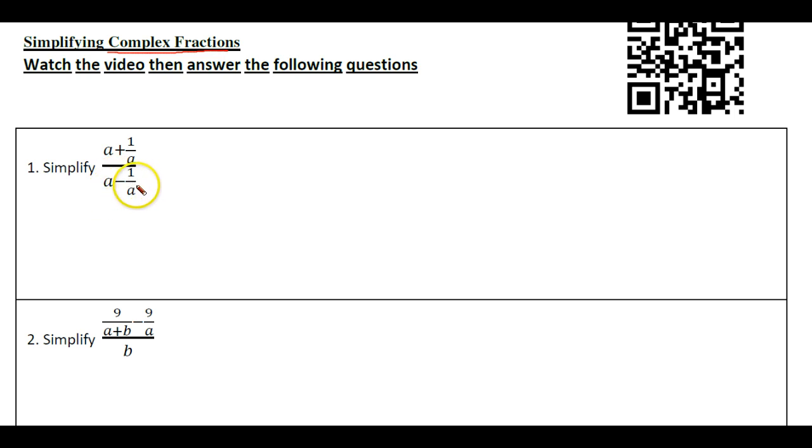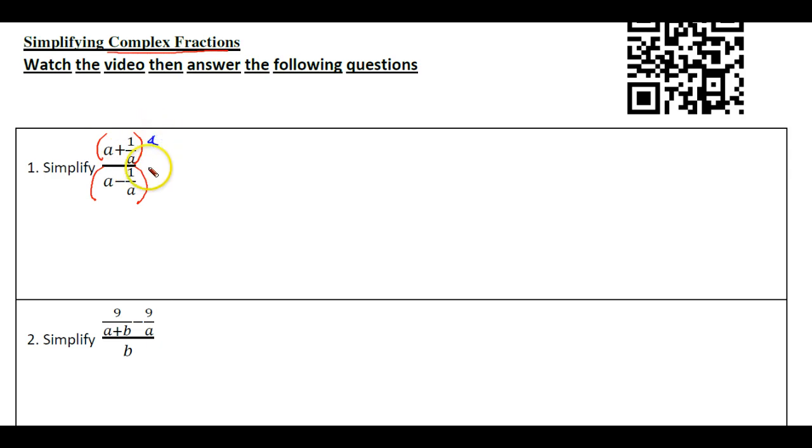Now there are a couple of ways to do this. I think the easiest is to do it this way. Put a parenthesis on the top and a parenthesis on the bottom. Now you're going to multiply both numerator and denominator by the lowest common denominator, which here happens to be a.